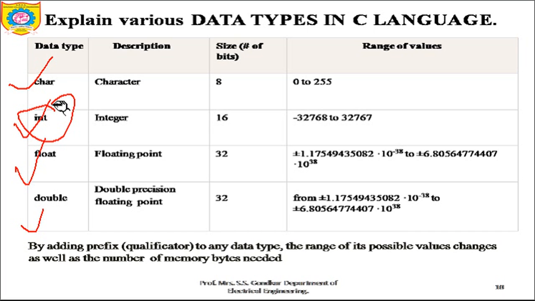Then float: float is basically used to represent floating point numbers. A numeric value with a decimal part is called a floating point number, for example 10.327. In this way you can define these data types.